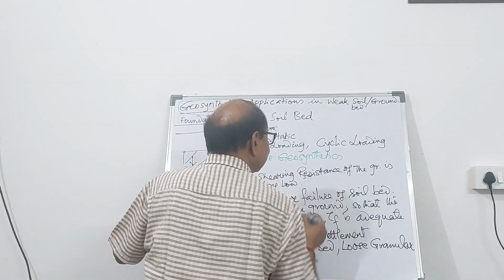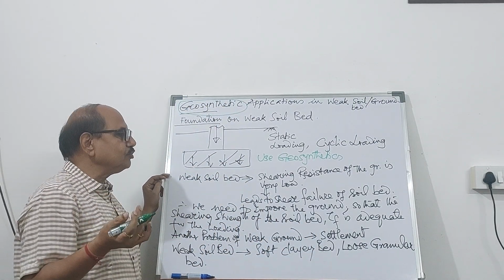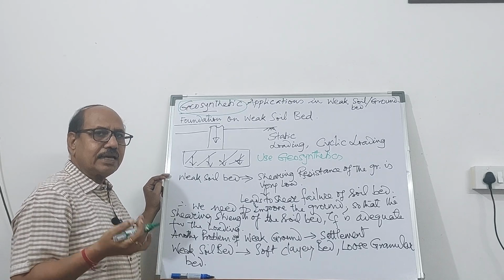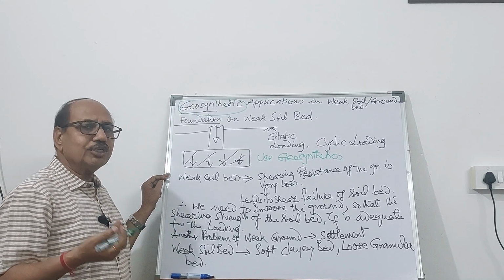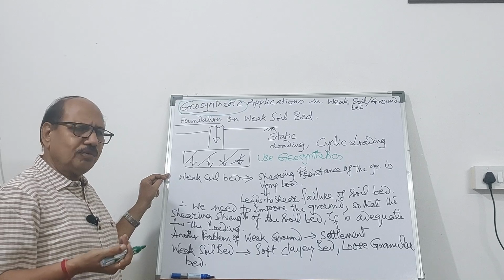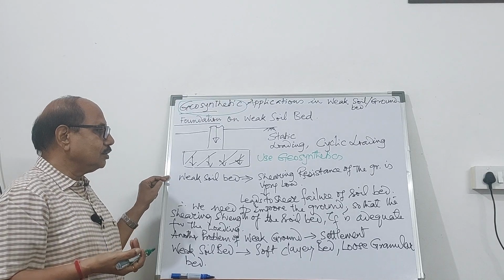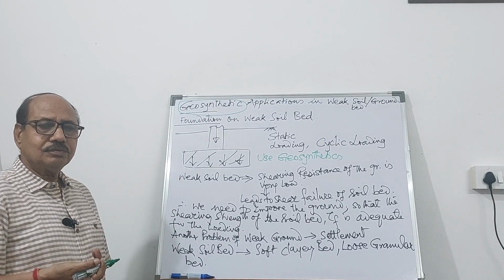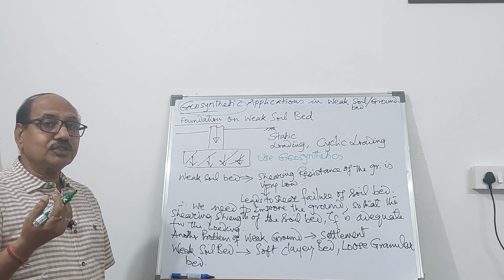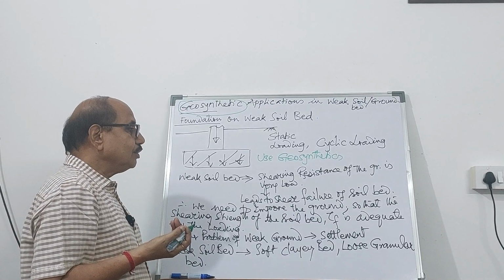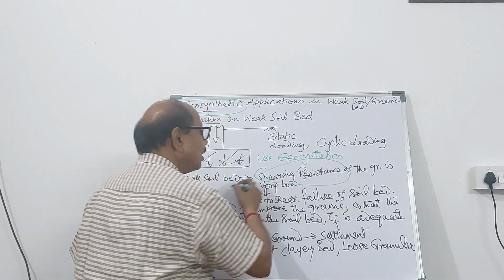In my last video, I talked about various types of geosynthetic materials such as geotextile, geogrid, geocells, so many varieties. Those geosynthetic materials can be used for the primary function of improving the shearing resistance of the ground.